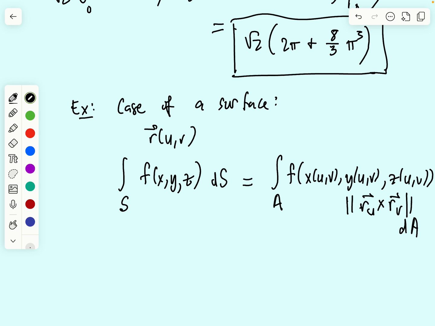That's how it would be in the case of a surface. And this is probably a definition that you've seen in multivariable calculus to do an integral of a scalar function over a surface. It's a special case of what we talked about for a manifold.